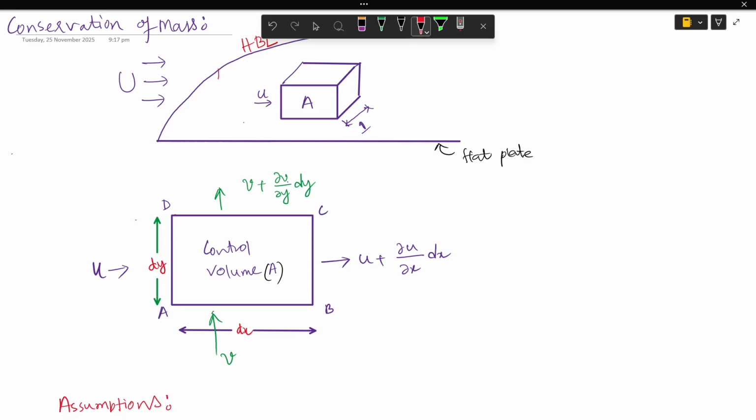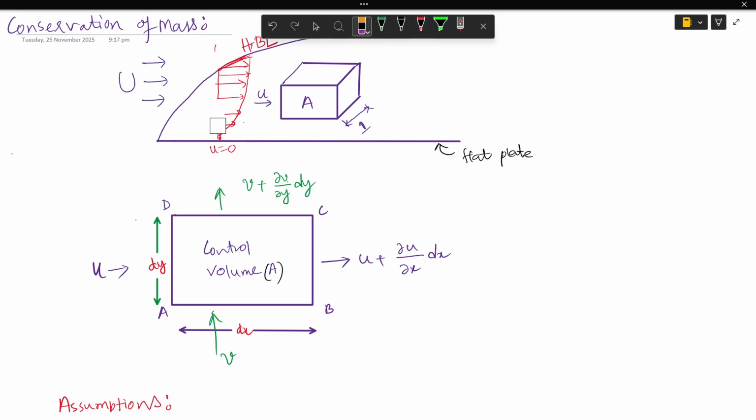This was the point at which the value of u is equal to 0, and at these points the velocity is rising continuously and eventually reaches 0.99 of U here, the value at which we want to track the velocity.